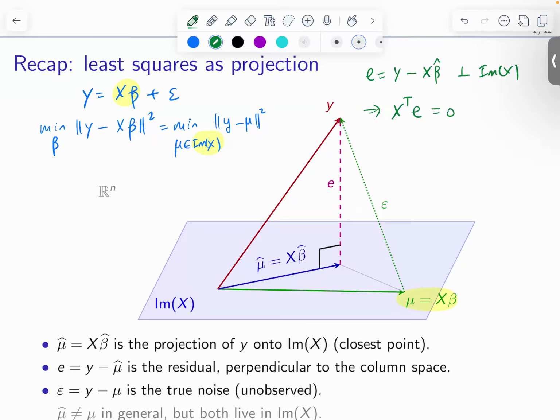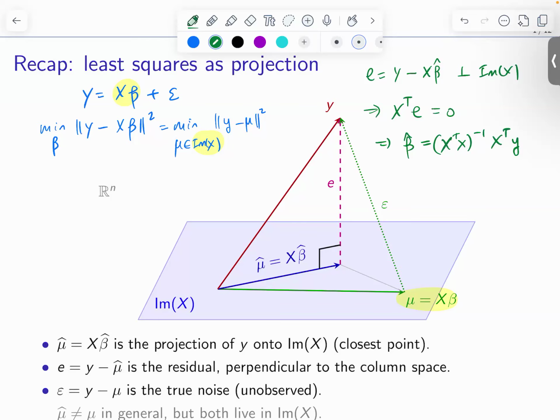So e is in the kernel of X transpose, which then implies that beta hat satisfies the normal equation. So you end up with this familiar formula under the assumption that X has full column rank.